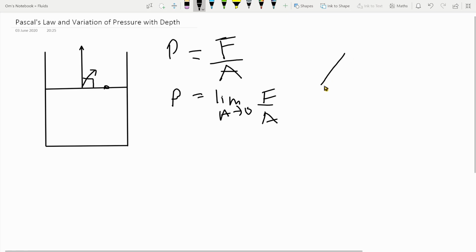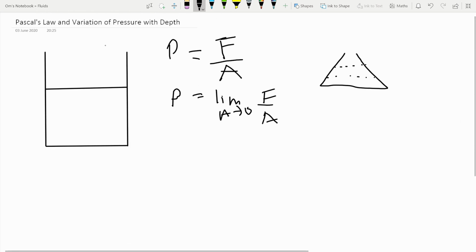Suppose I had a container of this shape. The pressure at this horizontal level would be equal, the pressure at this horizontal level would also be equal, and so on and so forth. So basically this holds true no matter what. So, let's look at a proof of that.